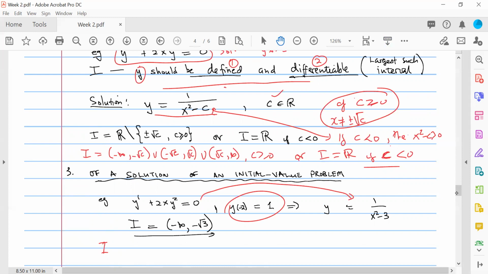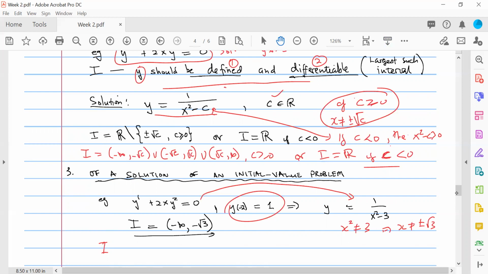If you solve this initial value problem, then you will see that the c that we had there is actually equal to 3. Now, obviously, this function cannot be defined and differentiable when x is equal to plus or minus root 3. So we don't want x squared to be equal to 3 in this case, which implies that x should not be equal to plus or minus root 3.